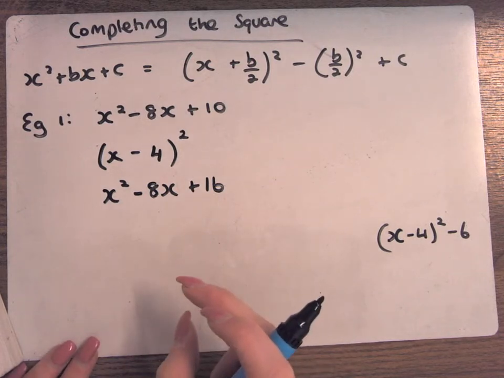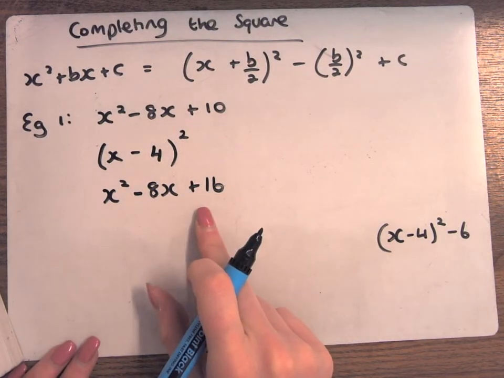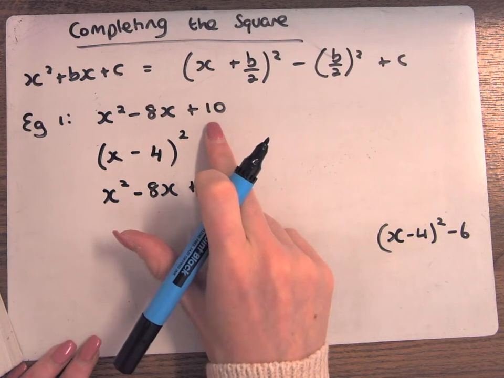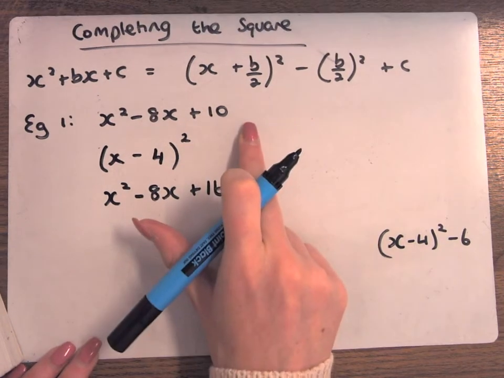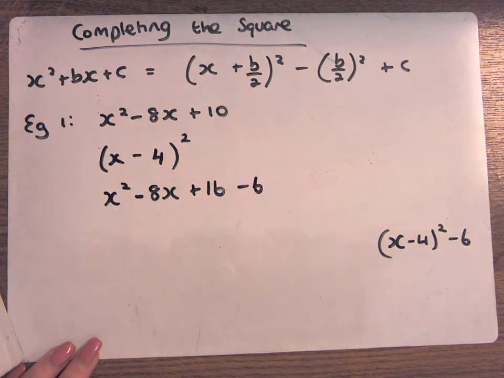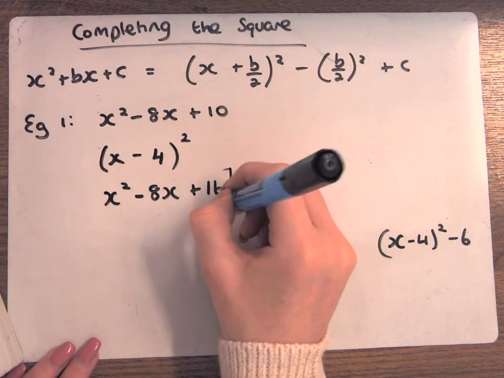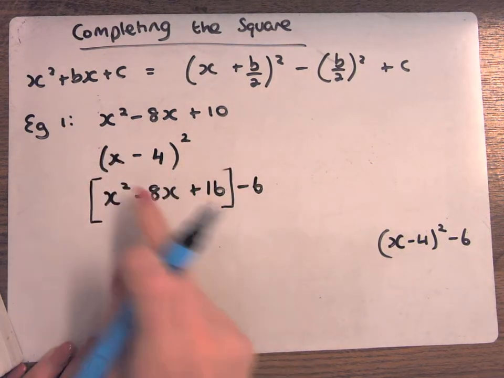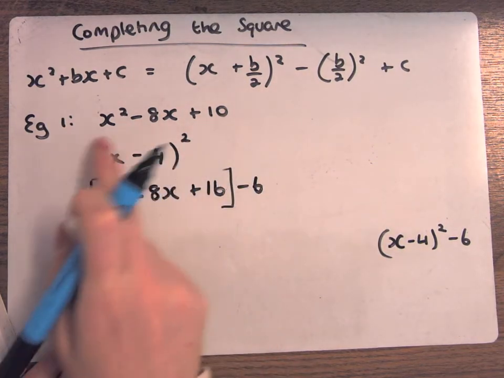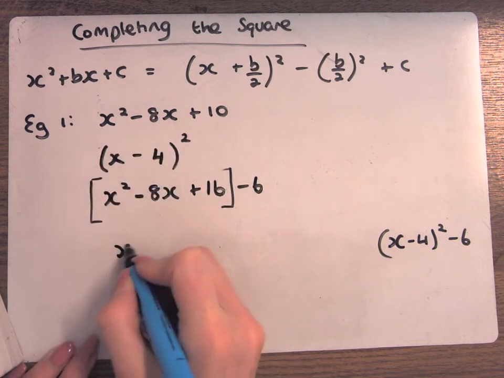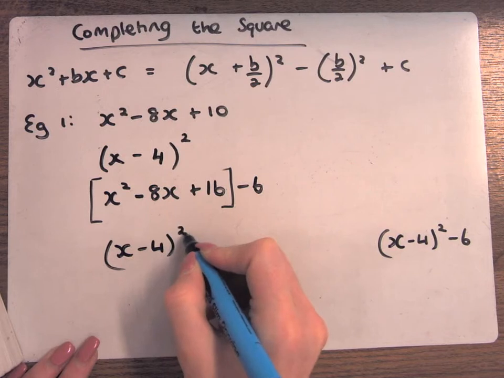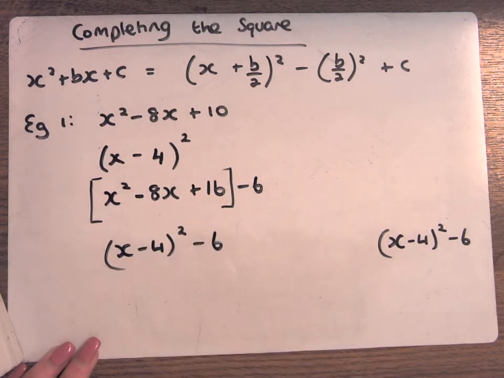Now, I have plus 16, but I want plus 10. What would I have to do to get from 16 to 10? Take 6. This bit equates to the square. Okay, so your answer is x minus 4 to be squared minus 6.